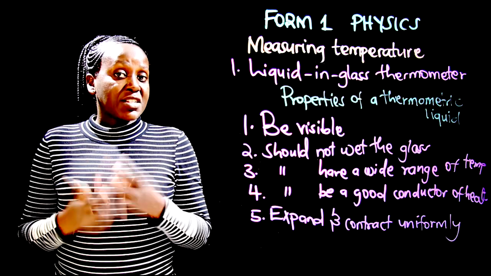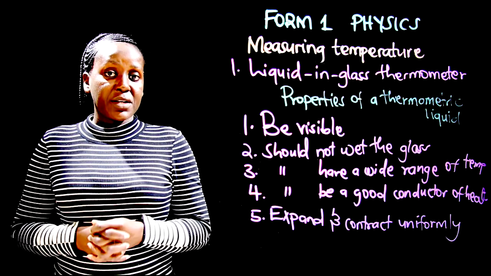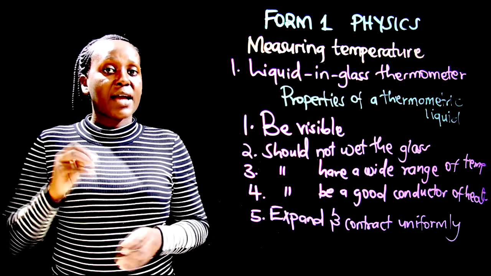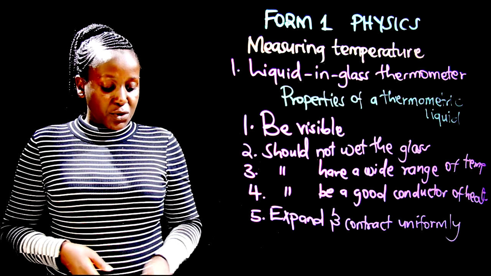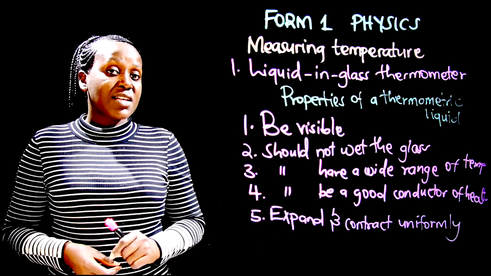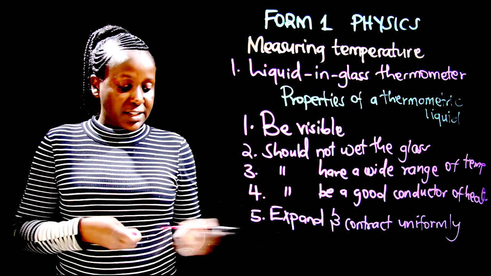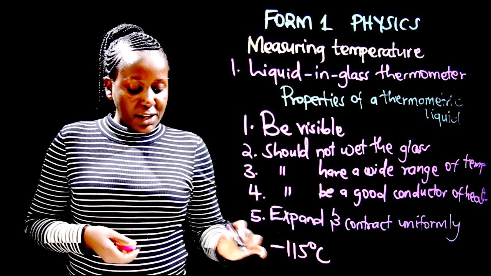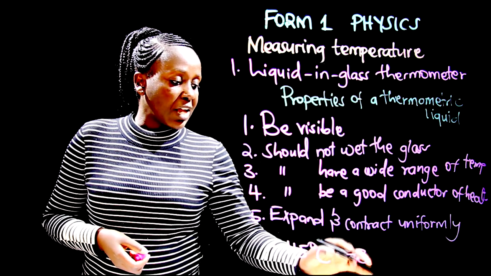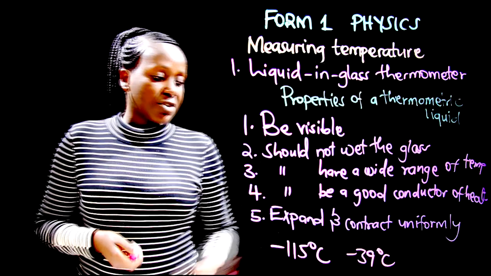So there are only two advantages of using alcohol over mercury, one being that alcohol can measure temperatures that are lower than mercury. Alcohol has a melting point of negative 115 degrees Celsius, while mercury has a melting point of negative 39 degrees Celsius.